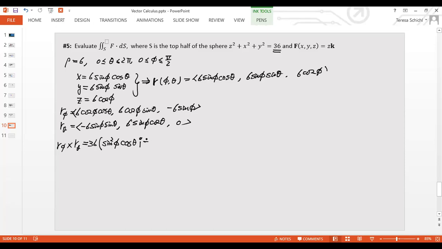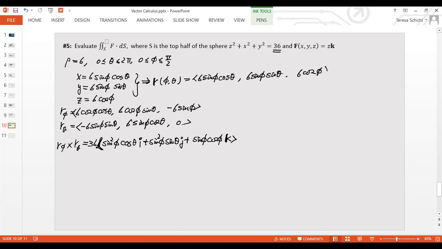Then I have sine squared phi sine theta. This is my j component. And then I have sine phi cosine phi, the k component, right? Okay, so this is my vector. I should use the vector symbols here.